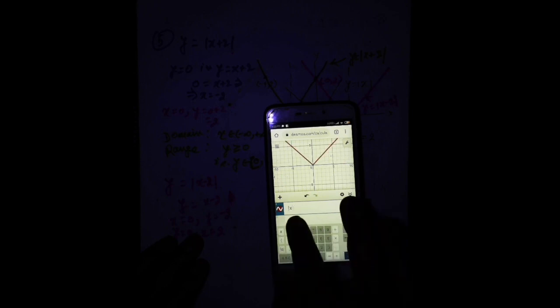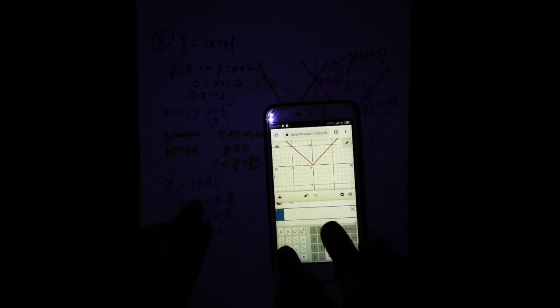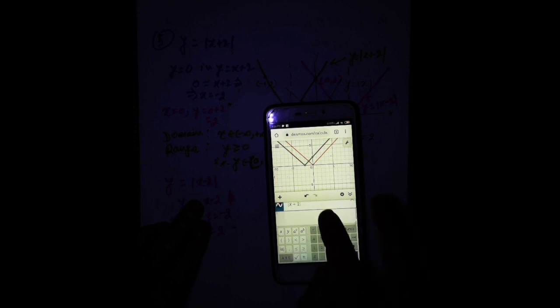So first of all, I'm taking the graph of absolute x. One function is absolute x, another function is absolute x plus 2, and then I'm taking another function as absolute x minus 2.